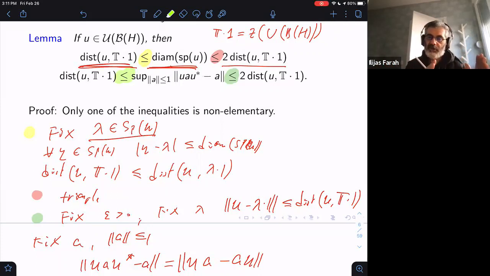Now, why is that important? Well, in the strong operator topology multiplication is continuous, so we have a topological group.